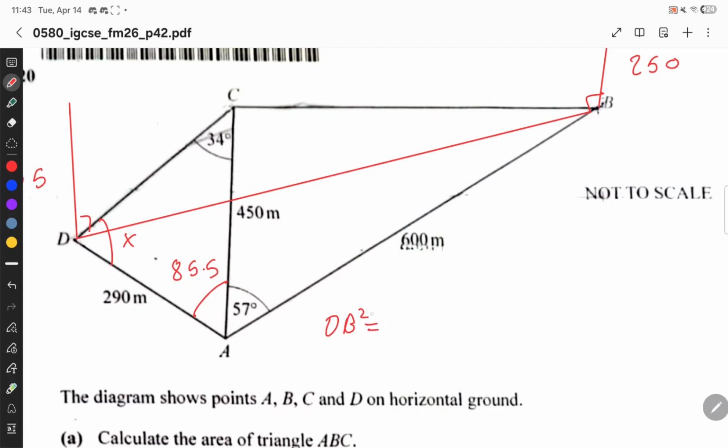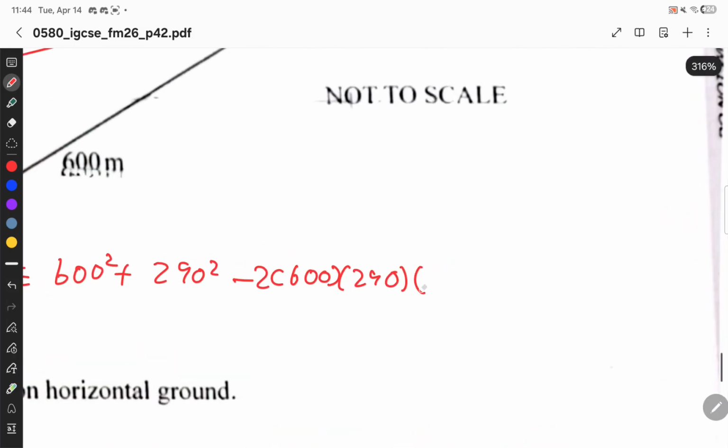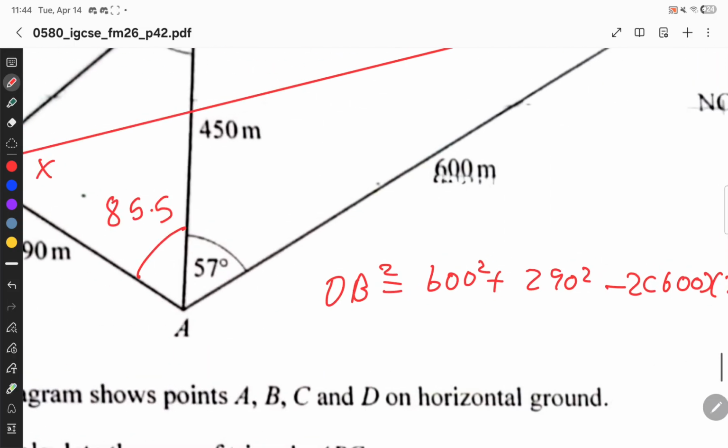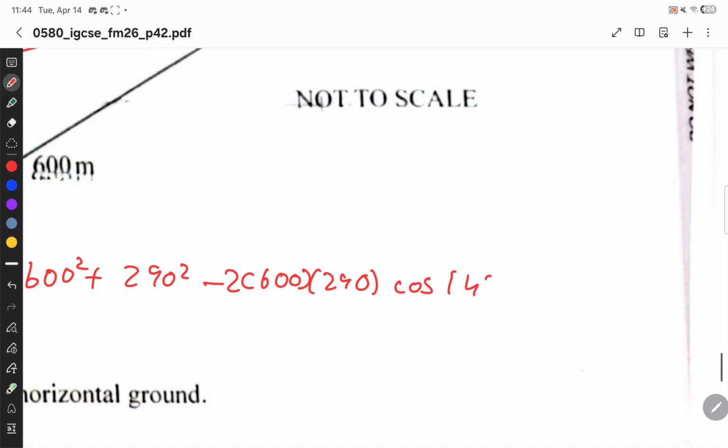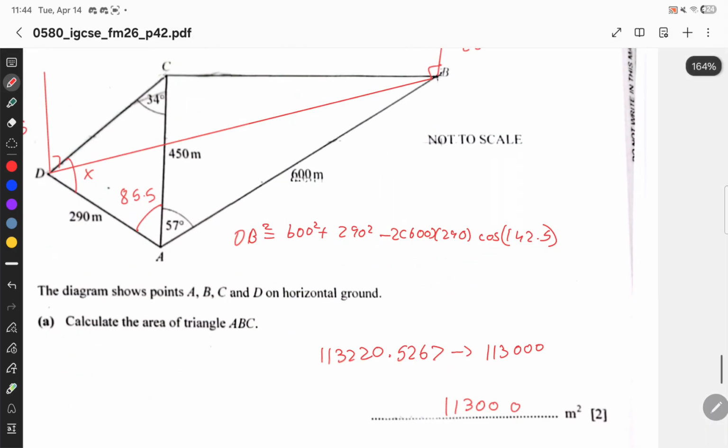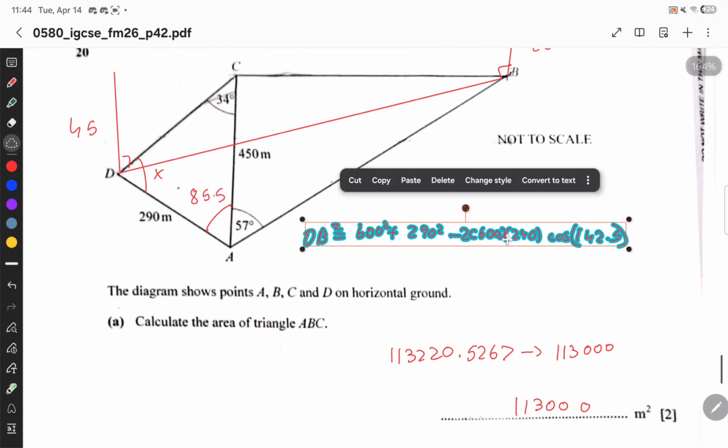DB squared is equal to 600 squared plus 290 squared minus 2 times 600 times 290 times cosine of 85.8 plus 57, which is 142.5. I'll just do this in my calculator.